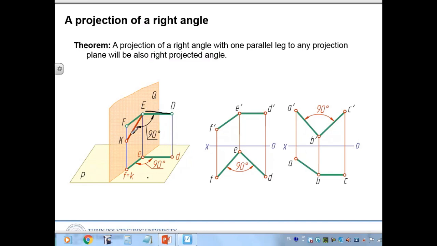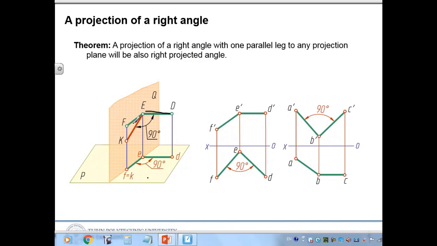Even though the other leg might not be parallel. For example, the KE line is not parallel to the P, but only one leg, the ED leg, is parallel to the P.